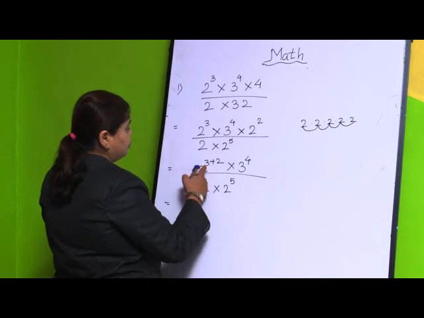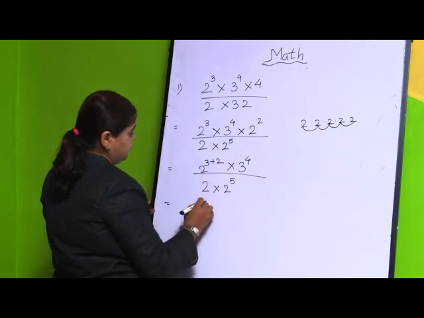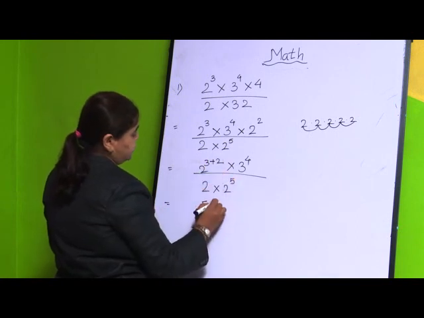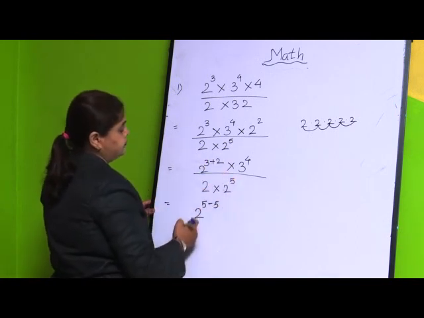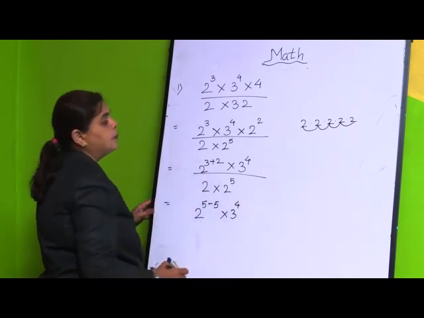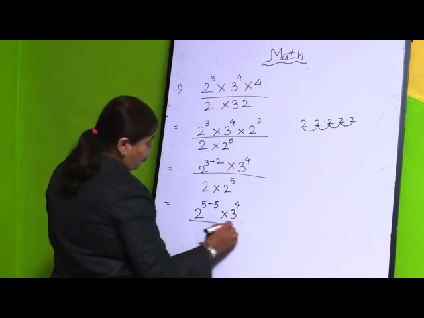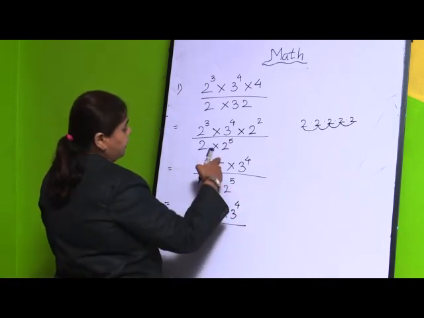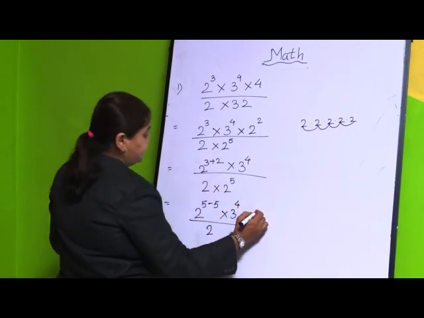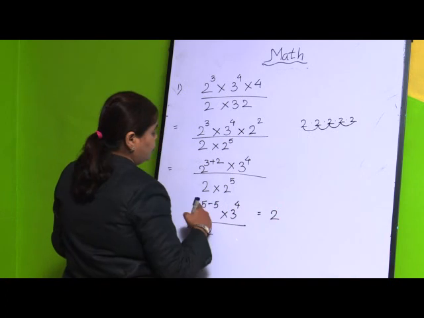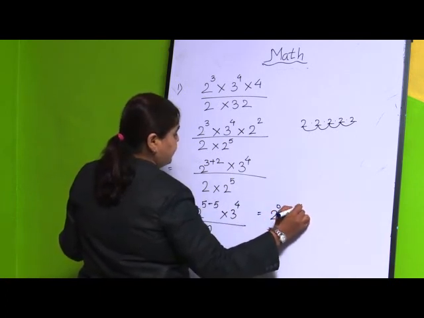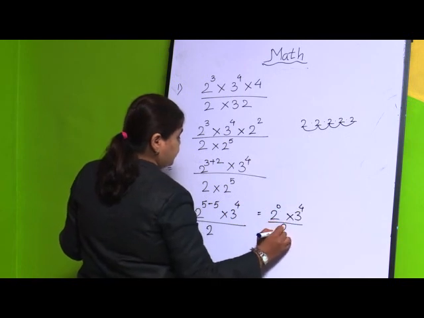Now, 2 to the power 3 plus 2 is 5. Now, this 5 will be in the form of a subtraction, that is minus 5, okay, and this will be 3 to the power of 4 upon, what is this? Already we had taken up, so now left is 2. I will write here, so 2 to the 0 into 3 to the power of 4 upon 2.